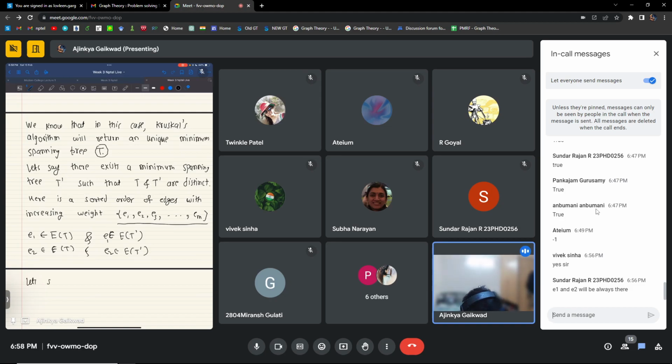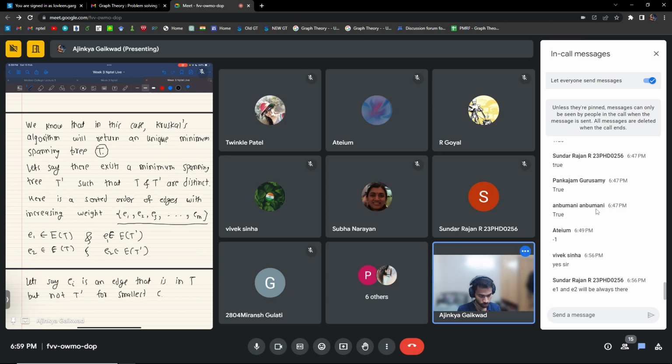Let's say EI is an edge that is in T but not T prime for smallest I. Let's parse this one statement and you will be done with the proof. How I'm choosing the edge EI is the crux of this proof.